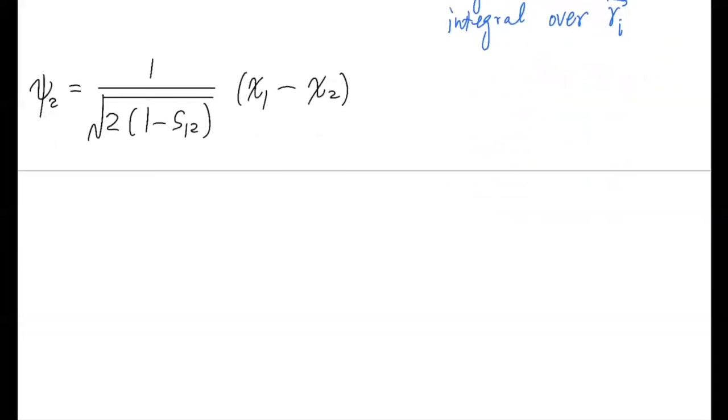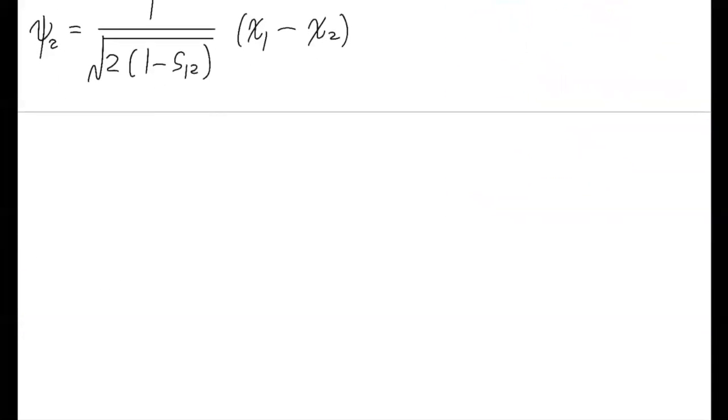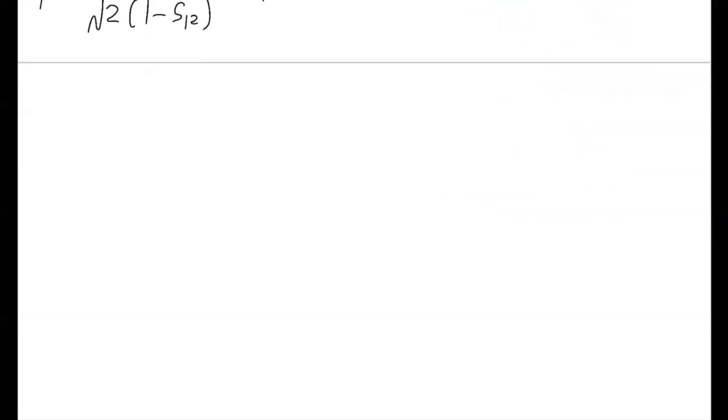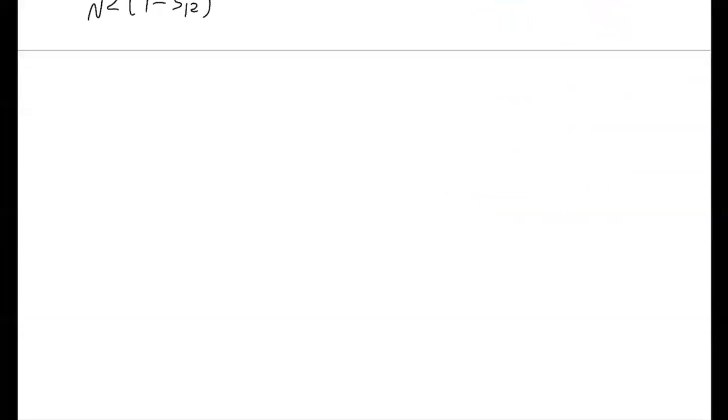Okay. Now, we have the atomic orbitals, so we can write the atomic orbital coefficient matrix, the C matrix.